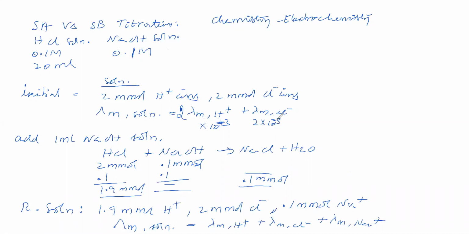In the same way, this is multiplied by 1.9 into 10 to the power of minus 3. It is 2 into 10 to the power of minus 3 here, and 0.1 into 10 to the power of minus 3 here. Now you say, what is lambda m of this solution, the molar conductivity of this solution?